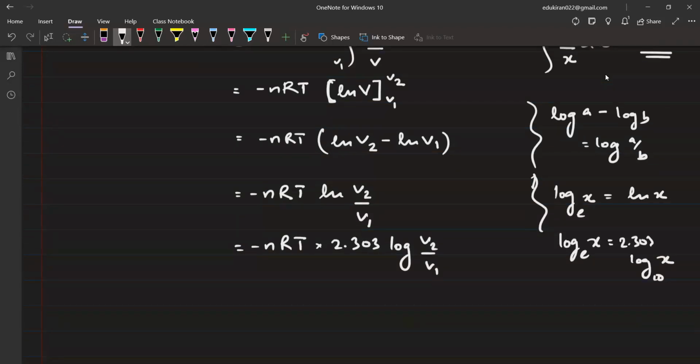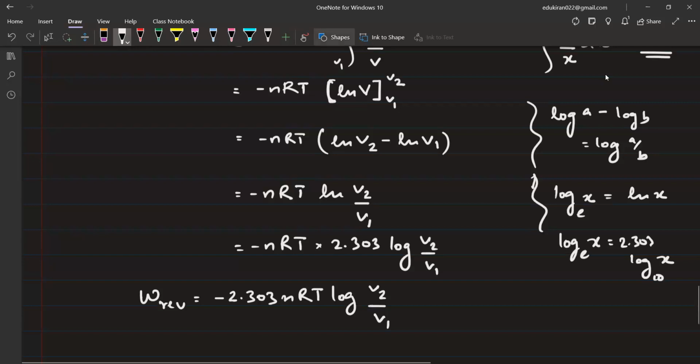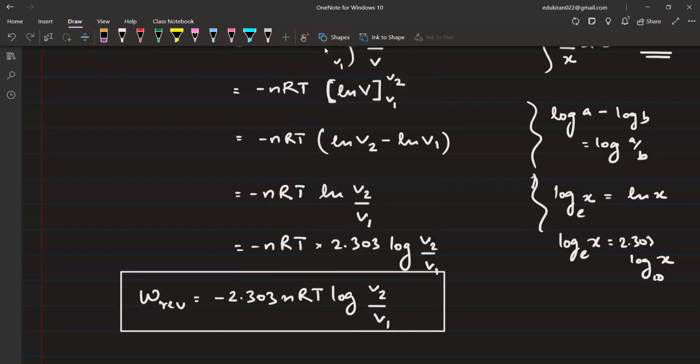You can write this down very well: work is equal to minus 2.303 nRT log v2 upon v1. This is very important.